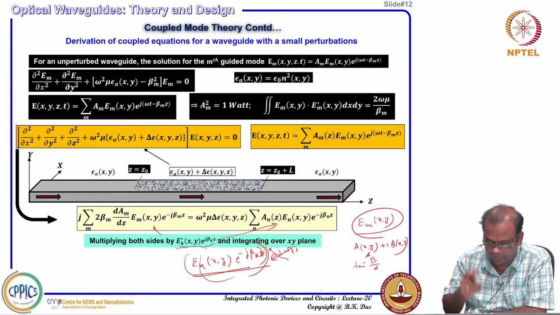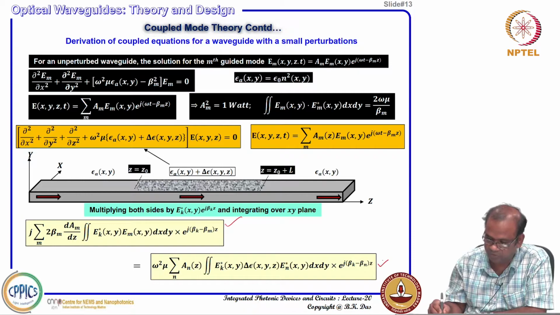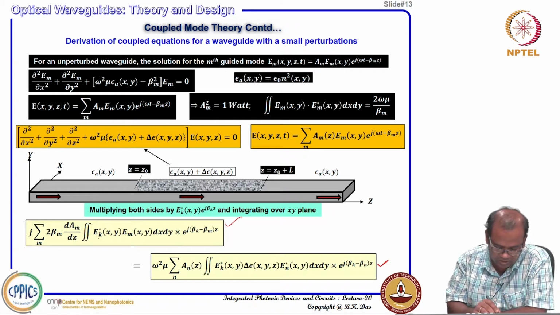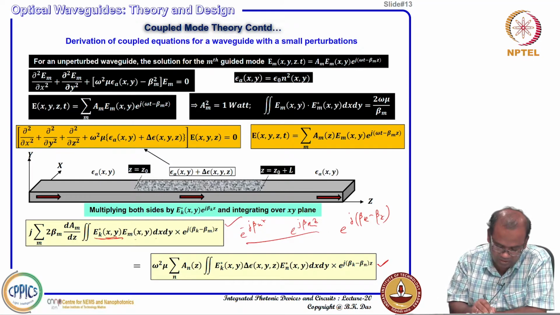So now if I do so, what do we get? Left hand side and right hand side I have written in two boxes, you see here. First I have E k star x y, E m x y dx dy, and I have multiplied e to the power j beta k z, and originally it was e to the power minus j beta m z. So if you multiply, you get e to the power j beta k minus beta m z, and E k star multiplied with E m and dx dy, you are integrating over this.